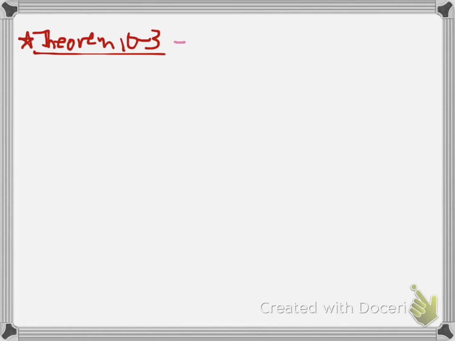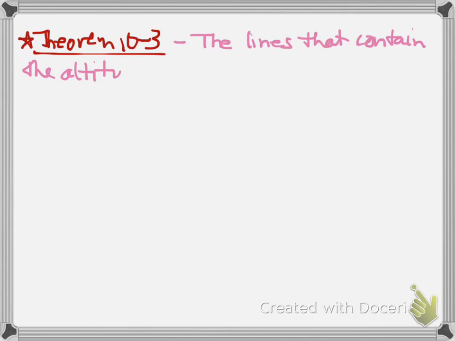And it says the lines that contain the altitude of a triangle intersect in one point.